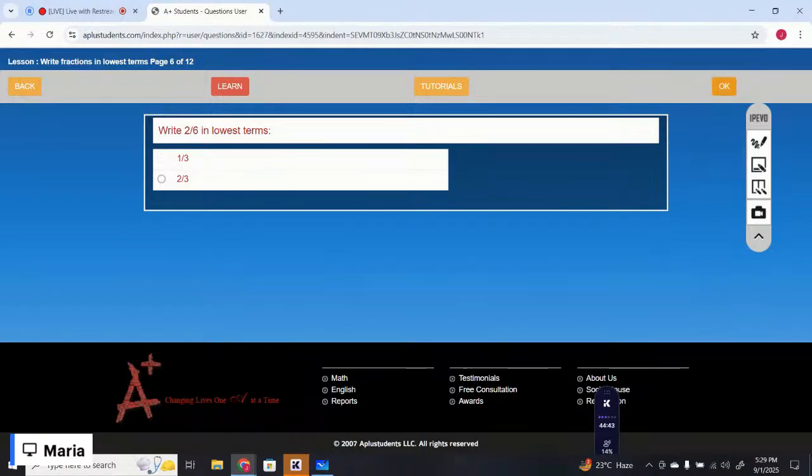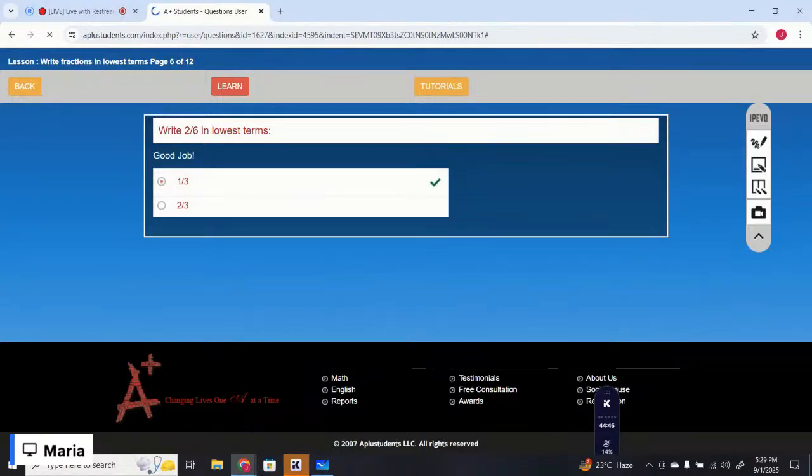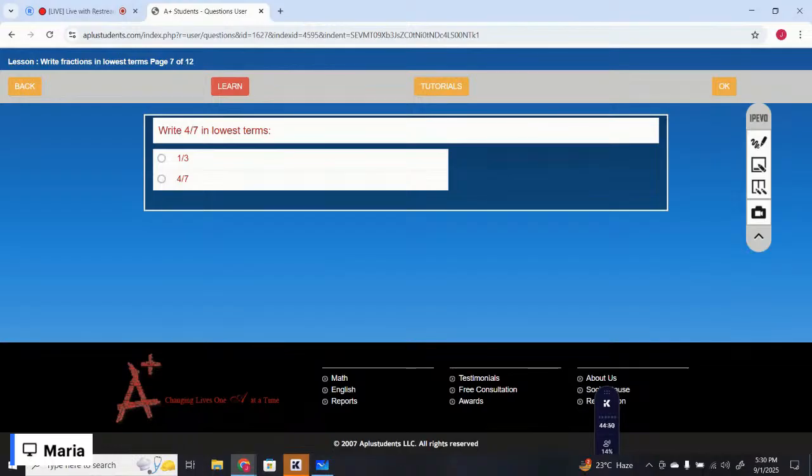That is 1 by 3, option number 1 is the correct option. Write 4 by 7 in lowest terms.